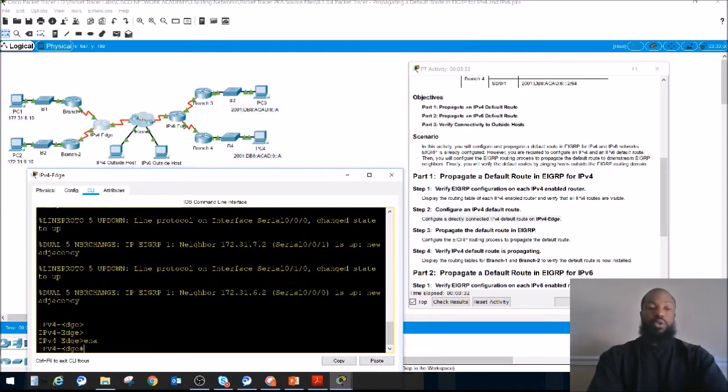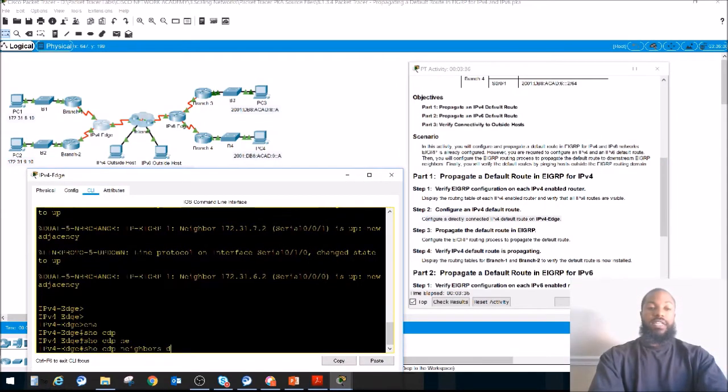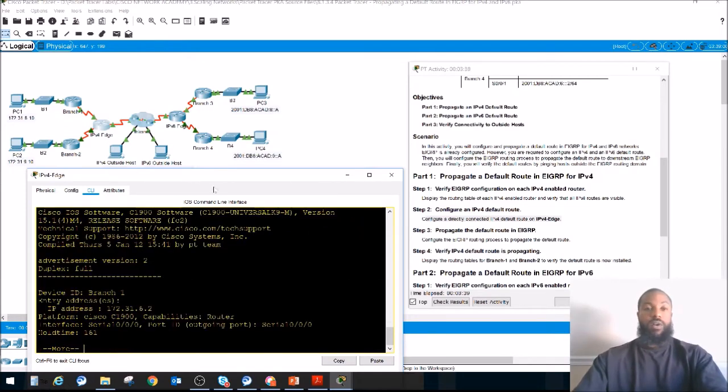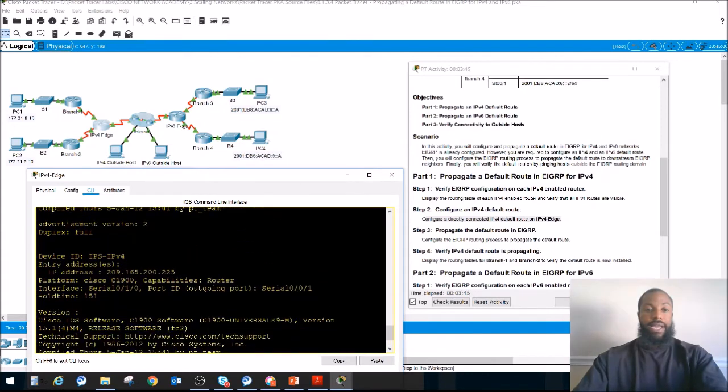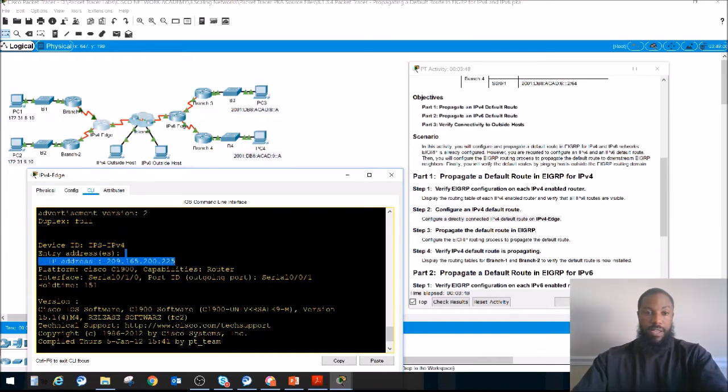Enable. Let's do a show cdp neighbor detail so we can see what our ISP's router is. So there's Branch 1, 6.2, and ISP IPv4. So that's the internet router right here. This one. 209.165.200.225. So we know that's the internet router.